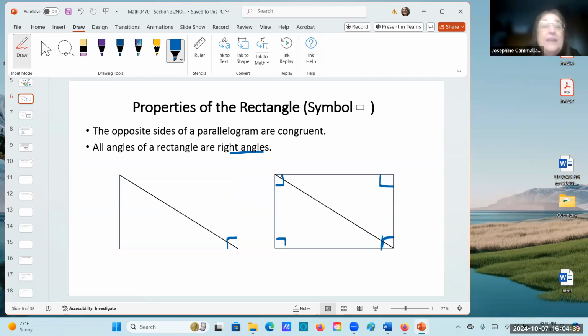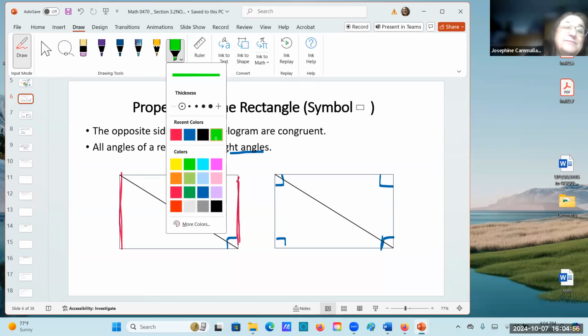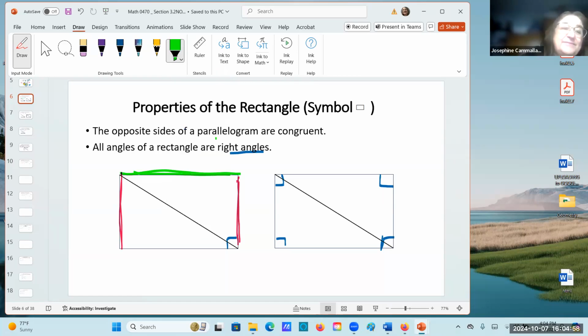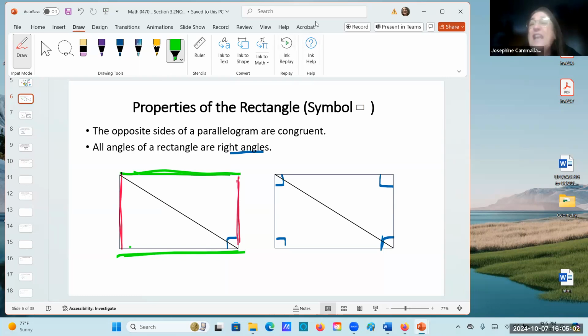Then, if we look at number 1, that should make pretty good sense because the same thing happens with parallelograms. Opposite sides are equal. So my red sides and my green sides are going to be equal.